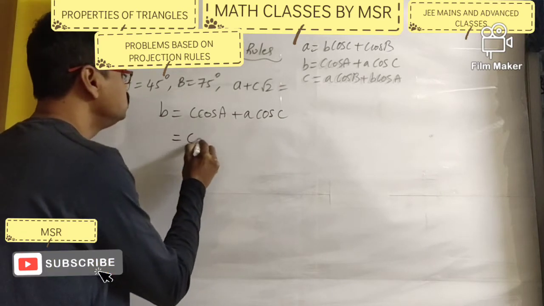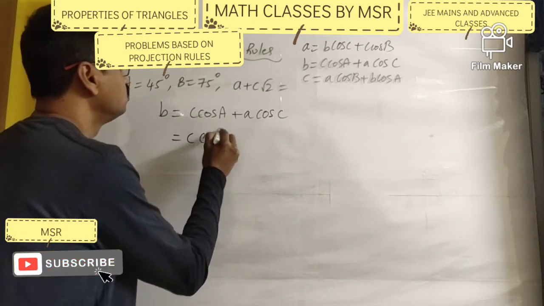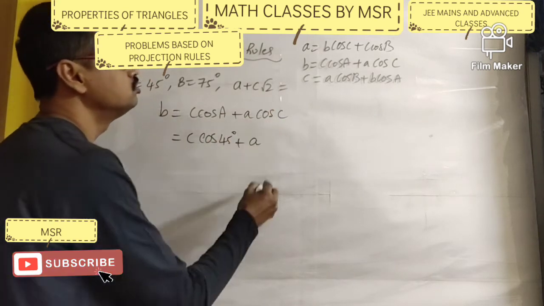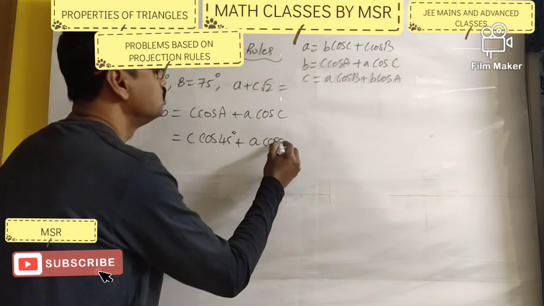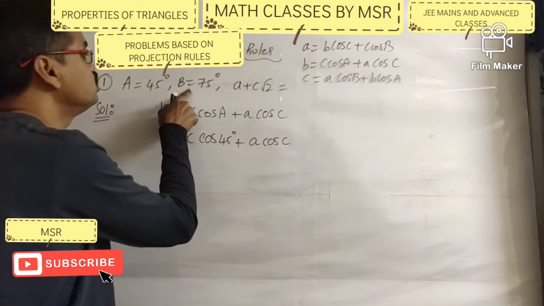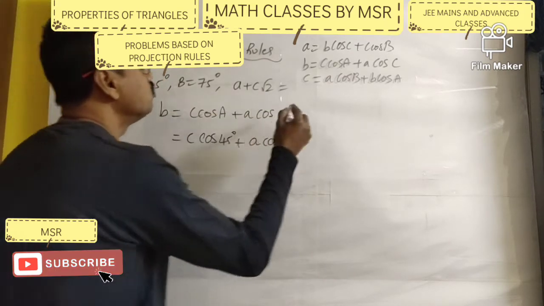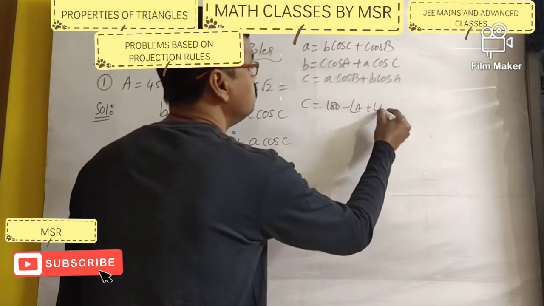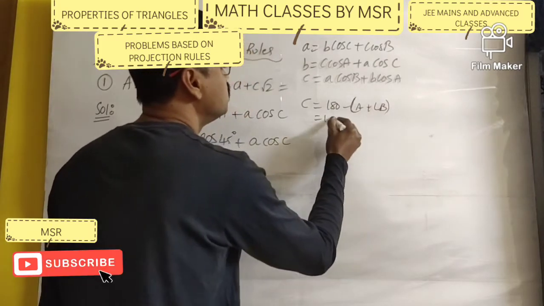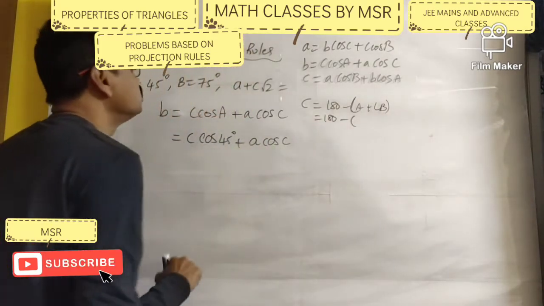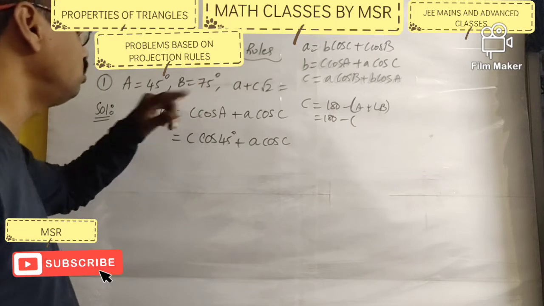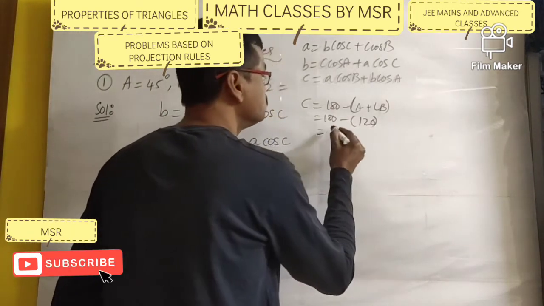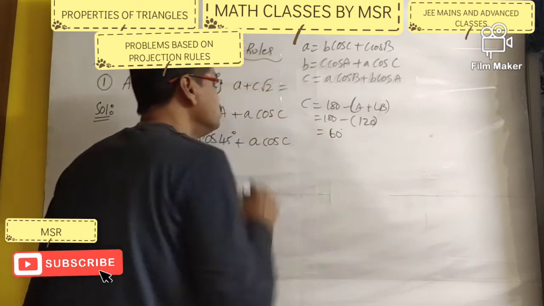Now c into cos 45 degrees, because the A value is given as 45, plus a into cos C. Here the A value is 45 and the B value is 75. What will be the angle C? Angle C will be 180 minus of angle A plus angle B, that is 180 minus 120, which is 60 degrees. So angle C is 60 degrees.